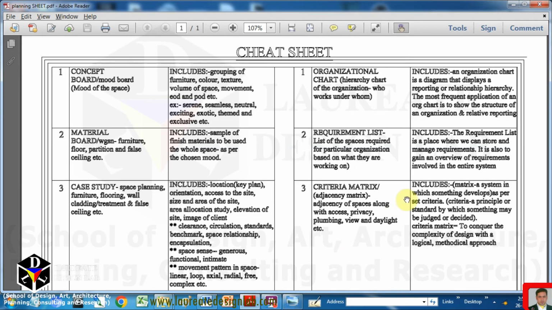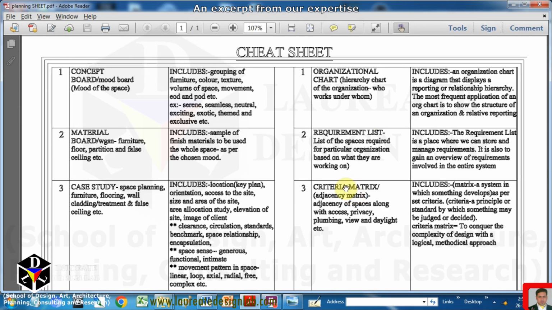Got that? So I hope you are clear with the concept of criteria matrix and adjacency matrix. Okay? So most vital thing, I start with the organizational chart, then we talk or learn about requirement list, which is coming from organizational chart itself. Based on requirement list, now we have a criteria matrix.